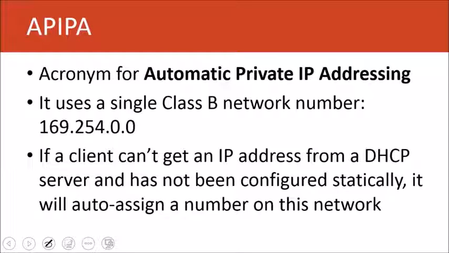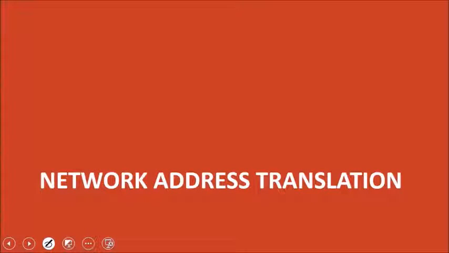So it'll have an address within the 169 range. This is useful because if your computer can't access the internet, or there's something wrong and you can't automatically obtain an IP address, then you're going to self-assign an APIPA address, and that'll allow you to communicate with all the other devices that are on your local network. All right.